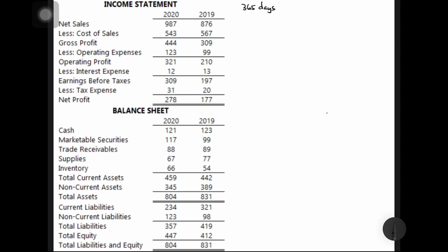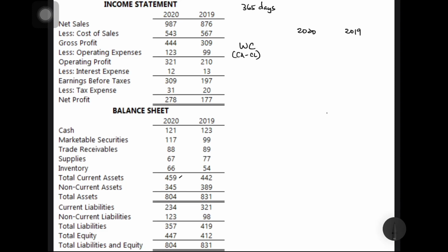Now let's compute. What if you are tasked to compute the working capital? I'll just write WC for 2020 and 2019. What's the formula of working capital again? Current assets minus current liabilities. So for 2020, the current asset is 459.